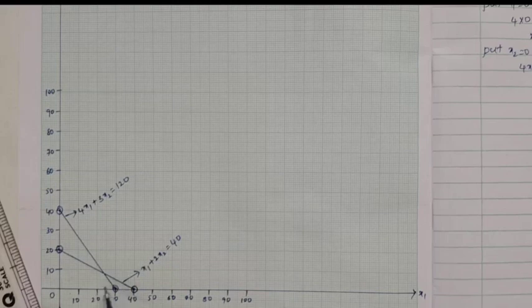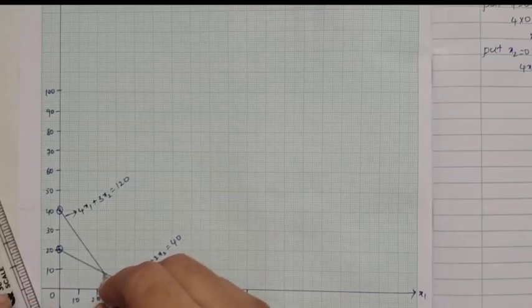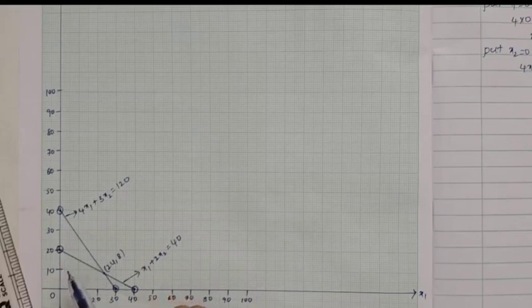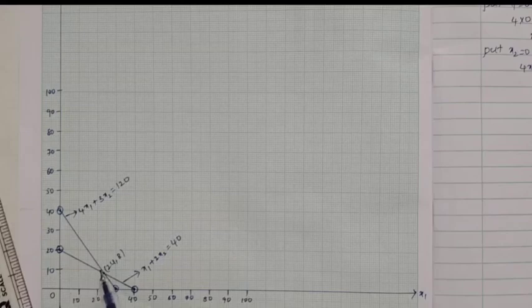The intersection point we can see here is at 24 on the x-axis, and on the x2 axis it is 8. We got an intersection point here. This closed boundary forms the feasible region. A feasible region is the area on the graph that contains all feasible solutions.